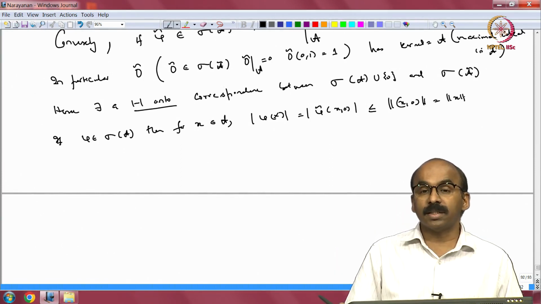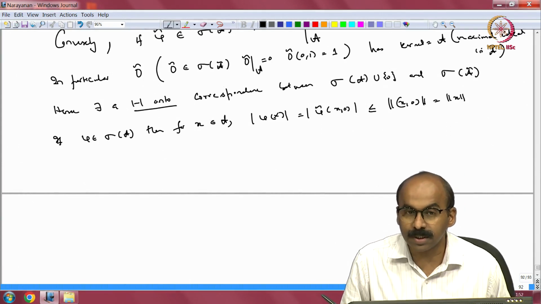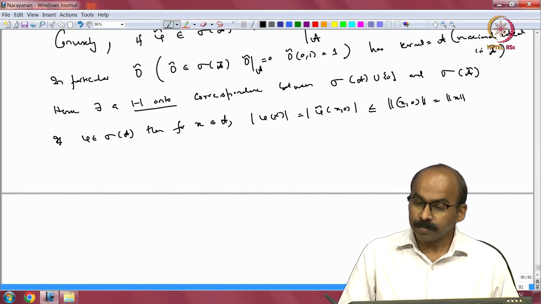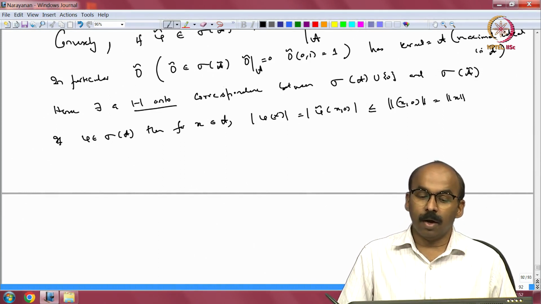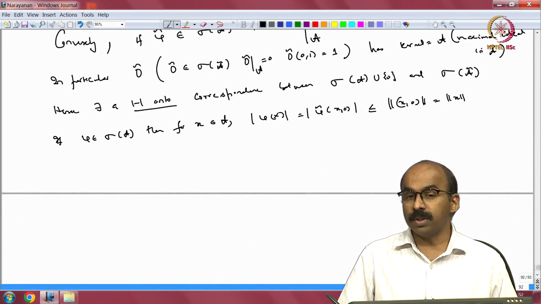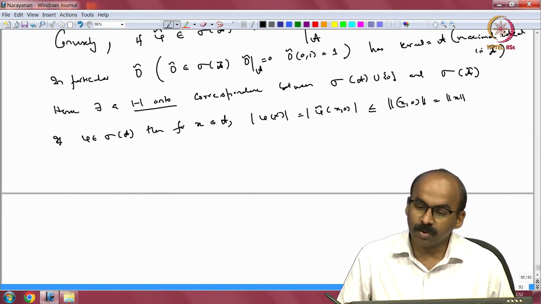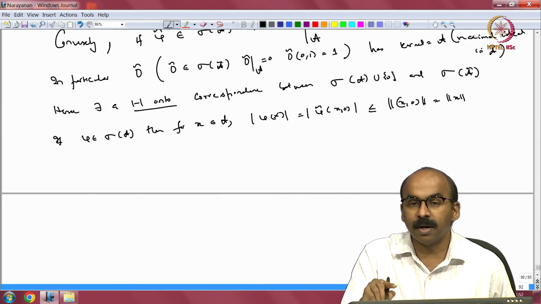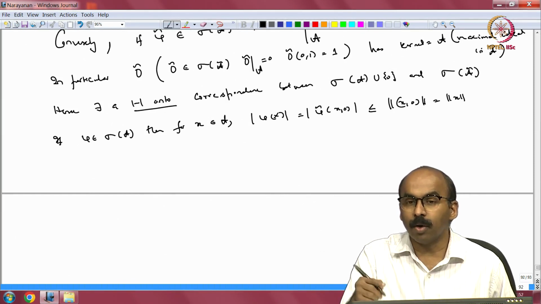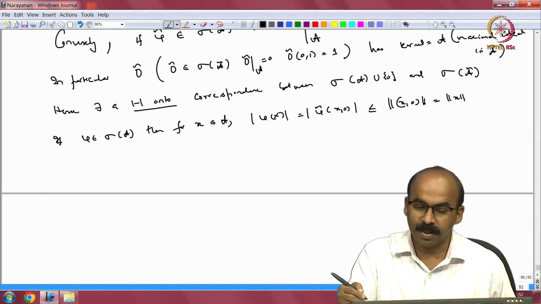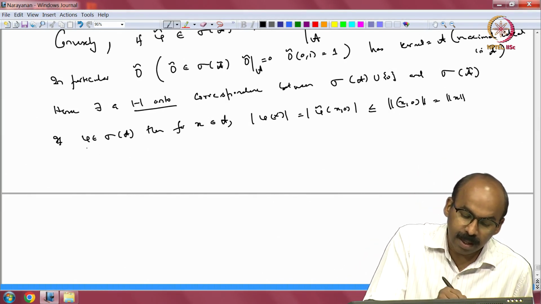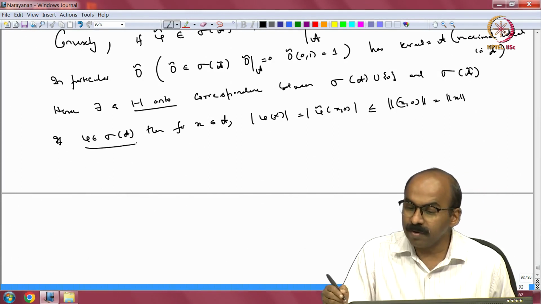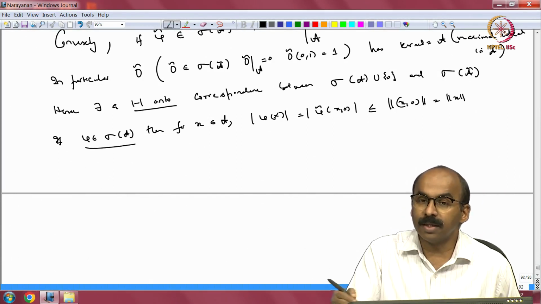Notice that this works even in the C star algebra case, not just the Banach algebra case, because the C star algebra norm on A tilde reduces to the norm on A when you take the second coordinate to be 0. Whether it is the norm defined by a sum or the operator norm and so on, you have the same result. Which means that any non-zero linear functional is going to be in the unit ball, and 0 is there.